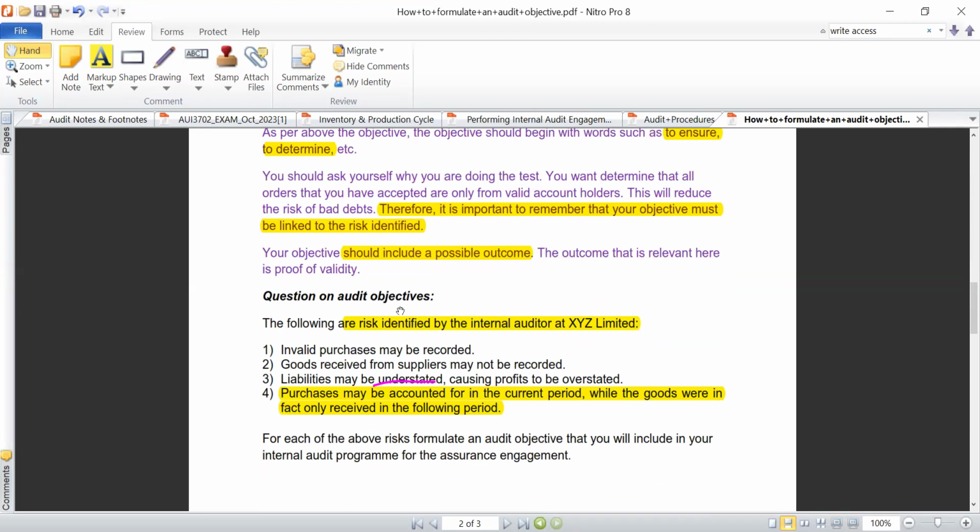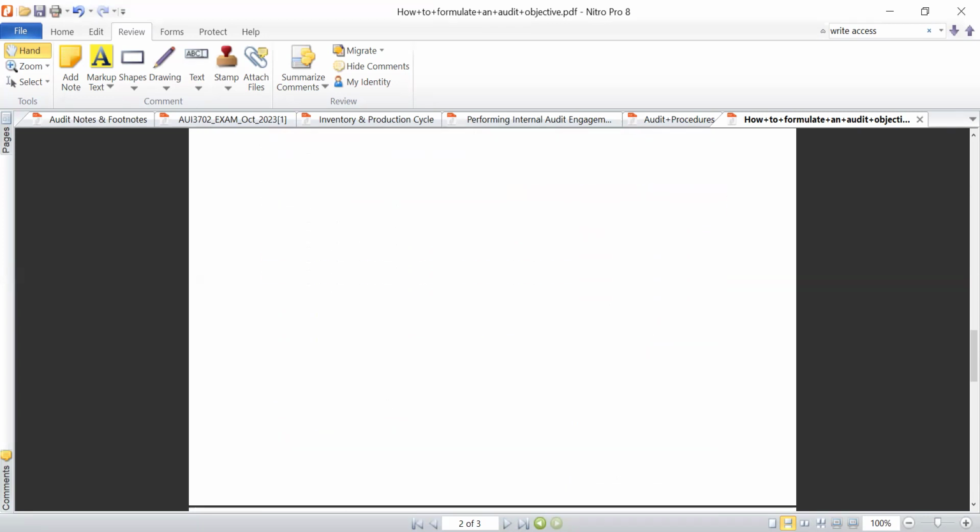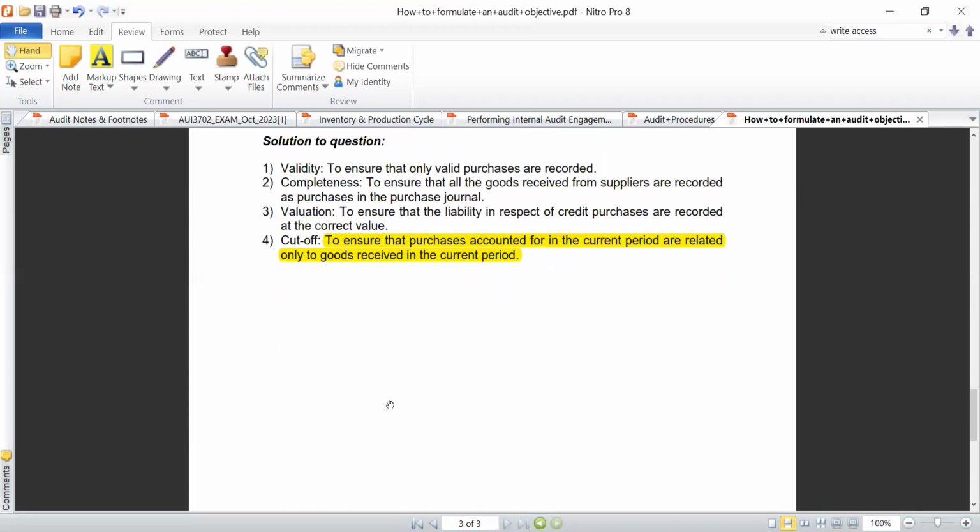Question on audit objectives. The following are risks. Sometimes they can give you risks and then they ask you for audit objectives. Sometimes they don't give you risks, but they still expect you to identify audit objectives. In the context of the question that we have, we're not given direct risks from which we can draft audit objective statements.